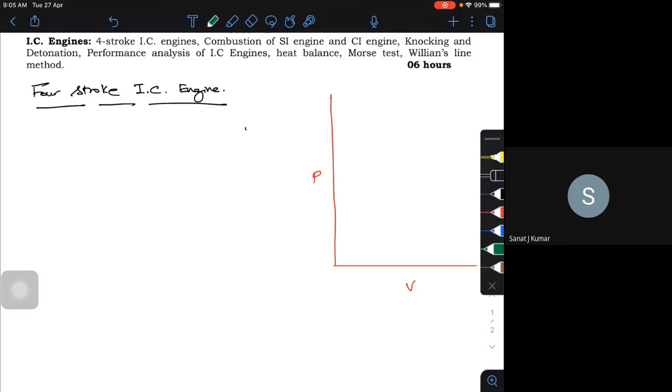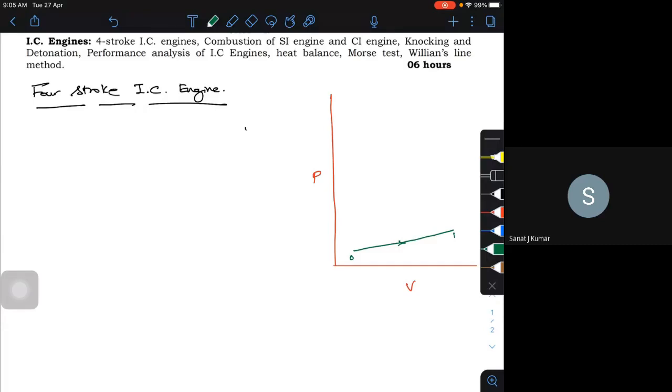As I told, there is something called a suction stroke. What will happen? If I call this 0, from 0 to 1, the pressure will fall slightly below atmospheric. A small delta P is created at the entry to your IC engine, so the air is sucked in.